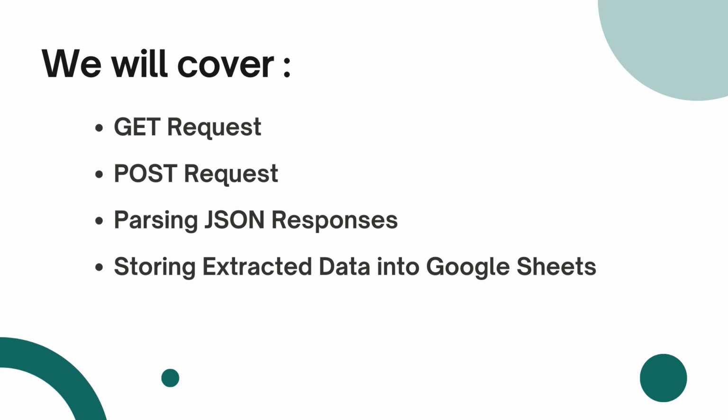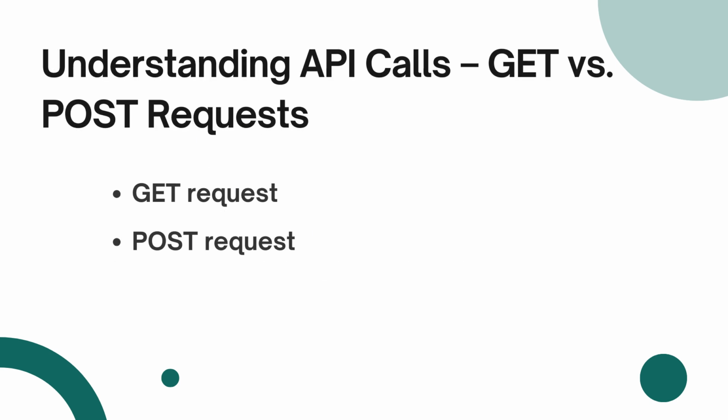So let's get started. Before we dive into the practical implementation, let's briefly understand the difference between GET and POST requests. A GET request is used to retrieve data from a server. Think of it like searching Google. When you type a query, Google fetches relevant information and displays it.